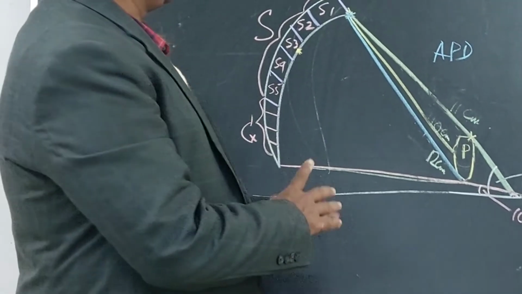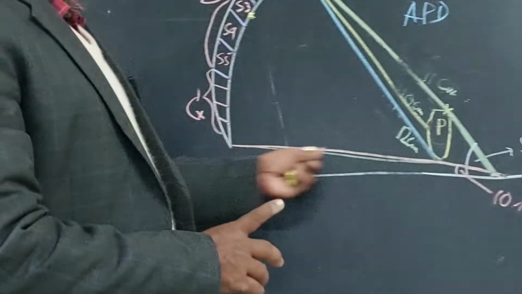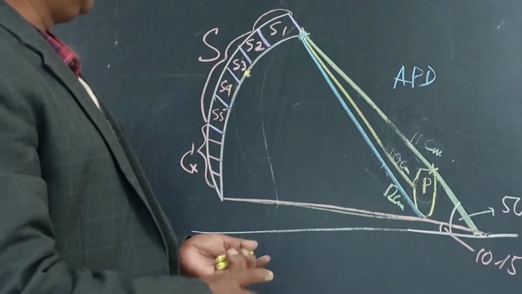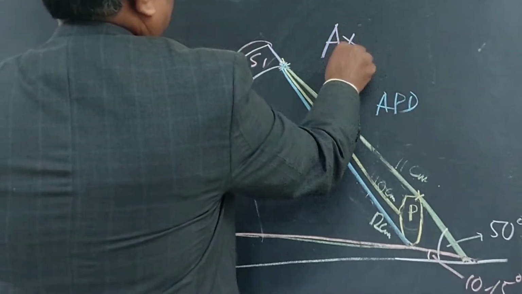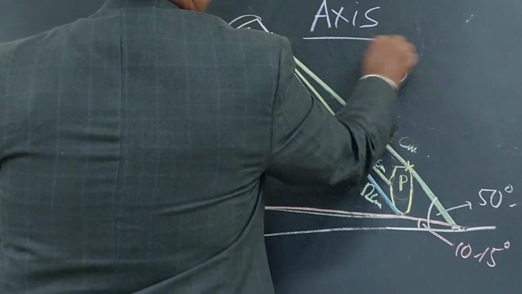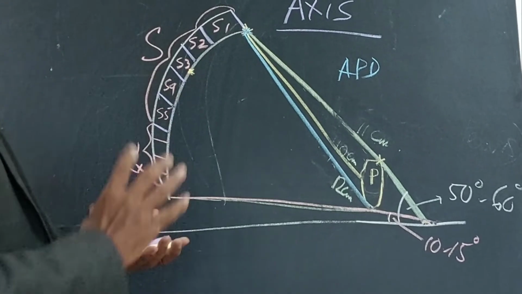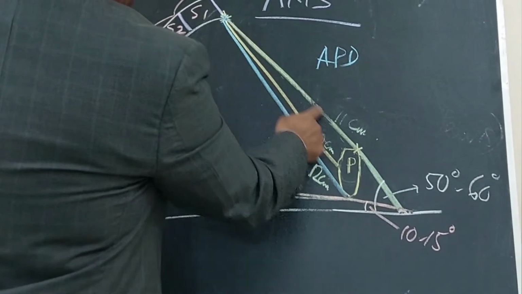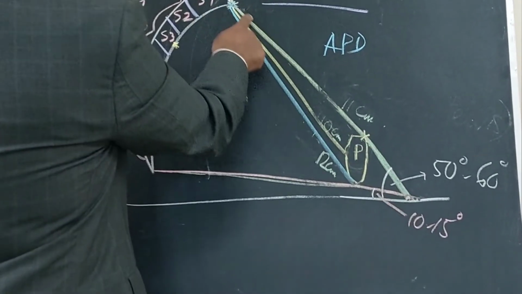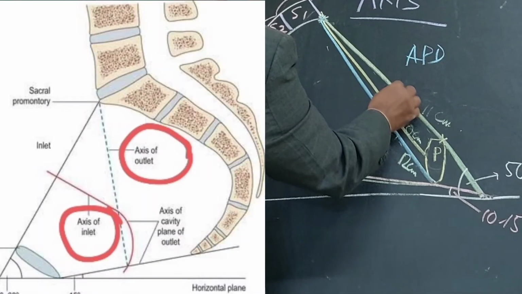Besides this plane of pelvic inlet and pelvic outlet, another important term is there called axis of inlet, axis of outlet and axis of pelvic cavity. What is this axis? And you know this is plane of pelvic inlet, this one. Take a midpoint.